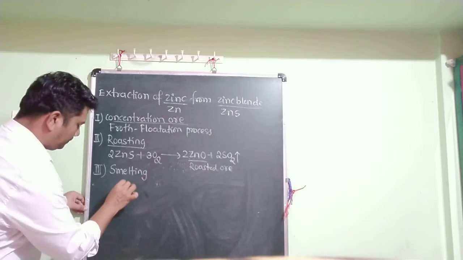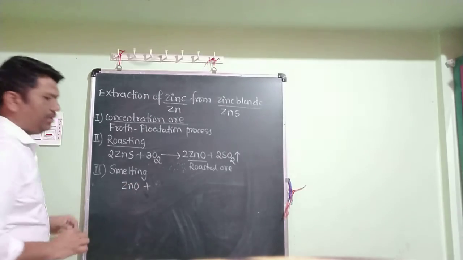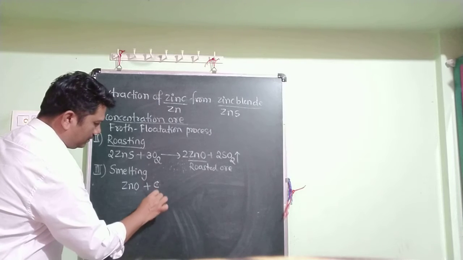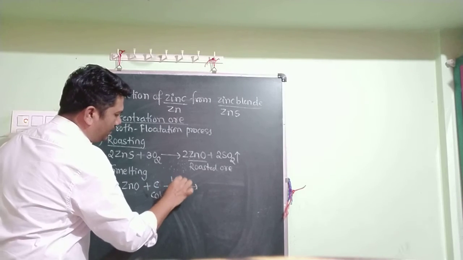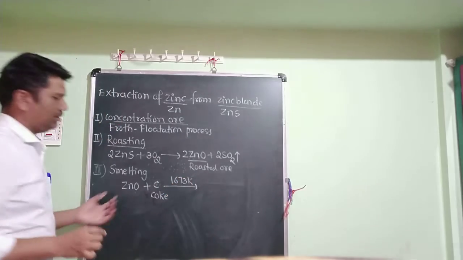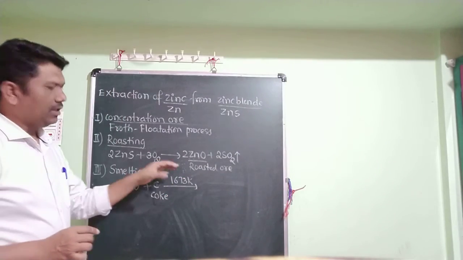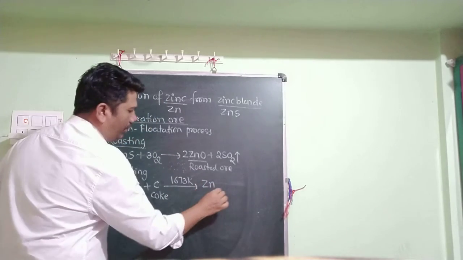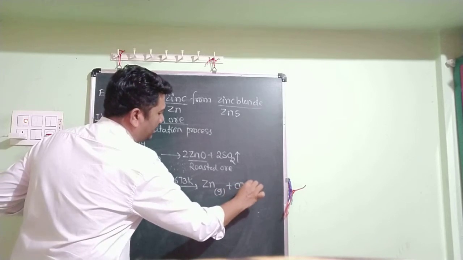So I'll write here ZnO. It is mixed with coke. Coke is nothing but carbon, at about 1673 Kelvin temperature. The zinc oxide, that is metal oxide, undergoes reduction to form zinc vapors and carbon monoxide gas.